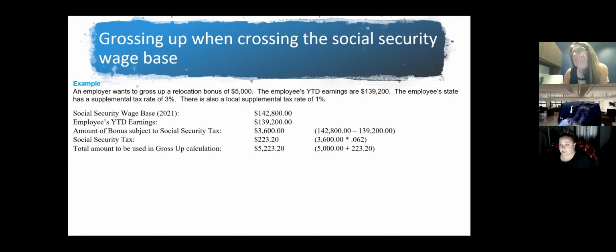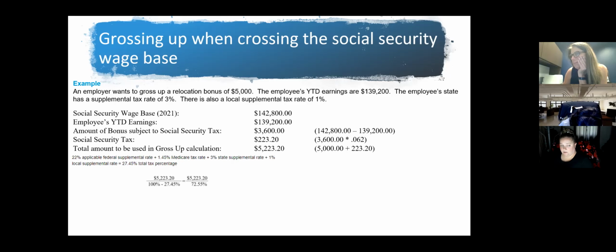And then we have a supplemental state tax rate of 3% and a supplemental local tax rate of 1%. So if we add up all of those taxes, 22% for Fed, 1.45 for Medicare, 3% for state, and 1% for local, we get 27.45% is the total taxes that we need to take into account for this gross up.